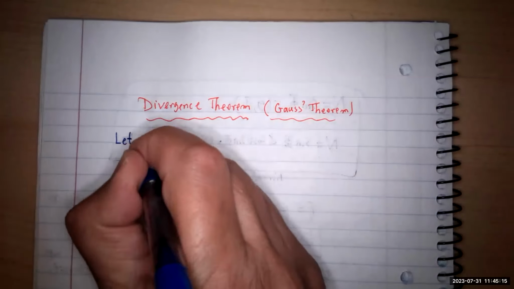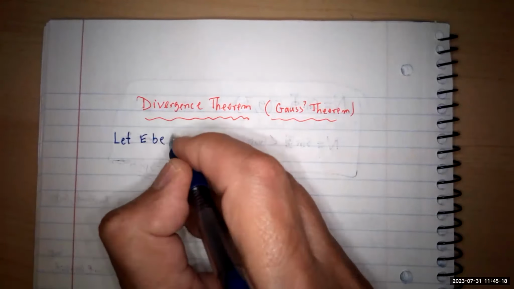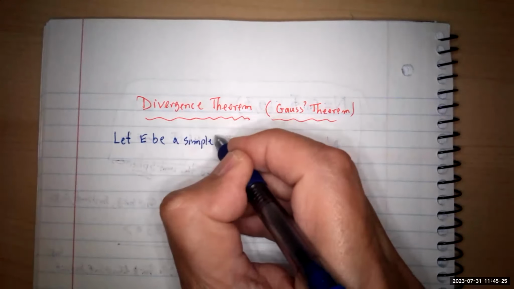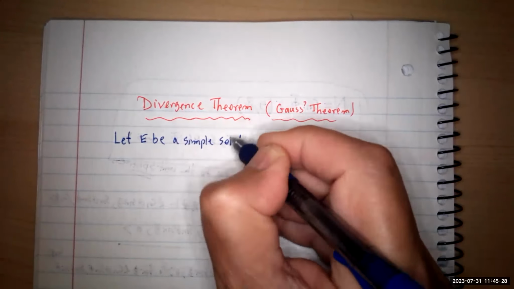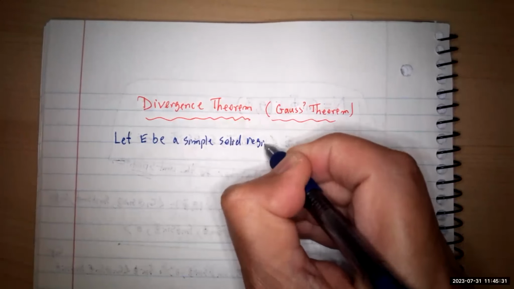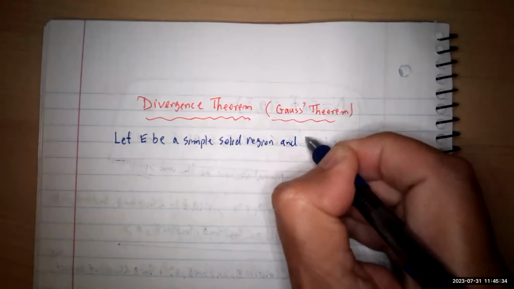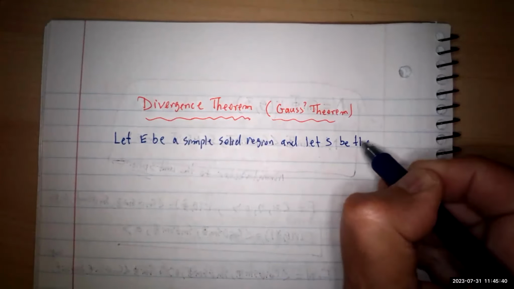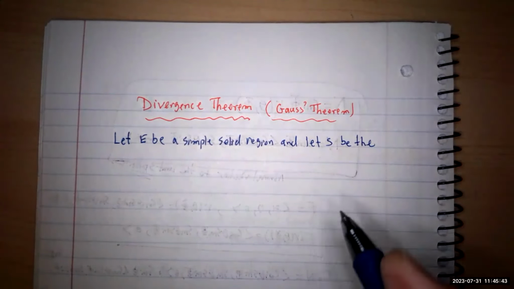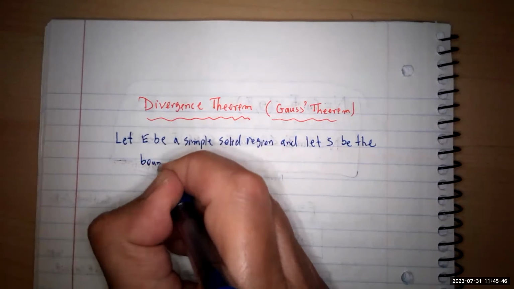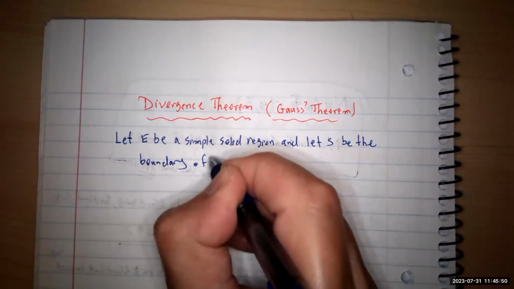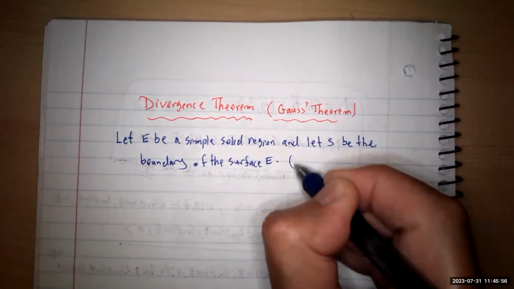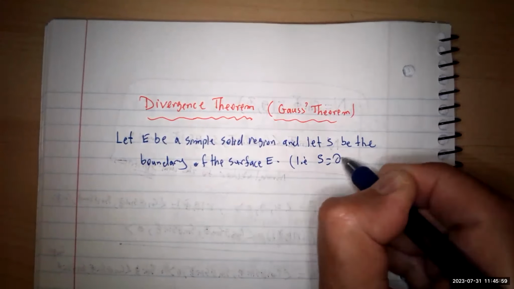So let E be what we call a simple solid region, like the sphere, and let S be the boundary of the surface E. That's it, i.e. S is the boundary of E.